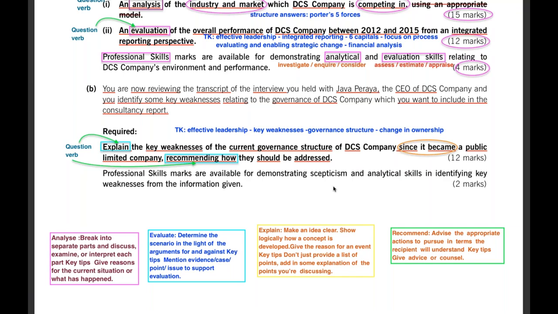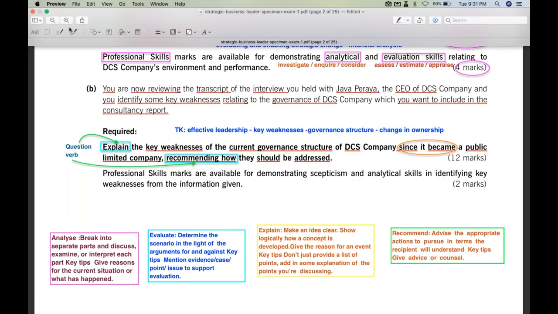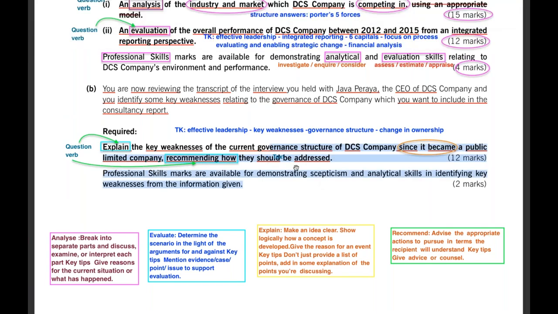You should probe, question, and challenge.